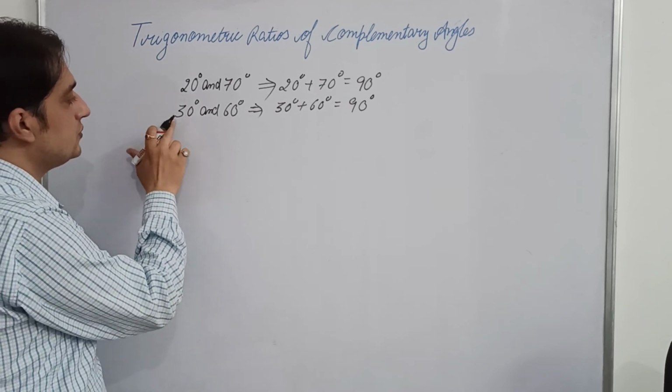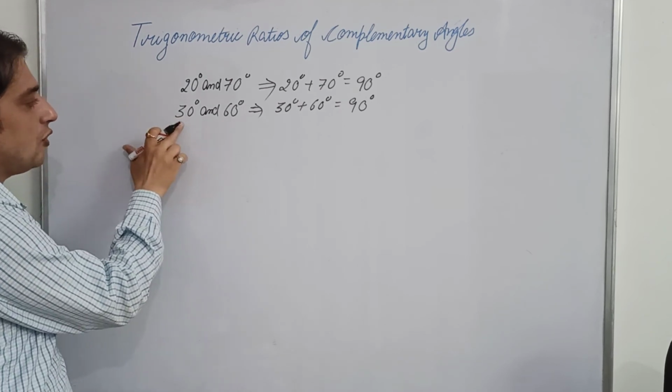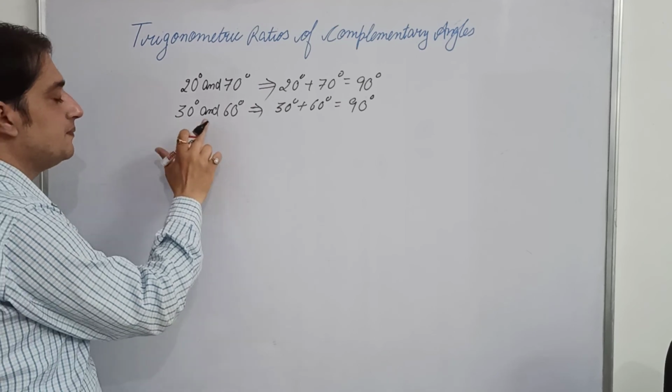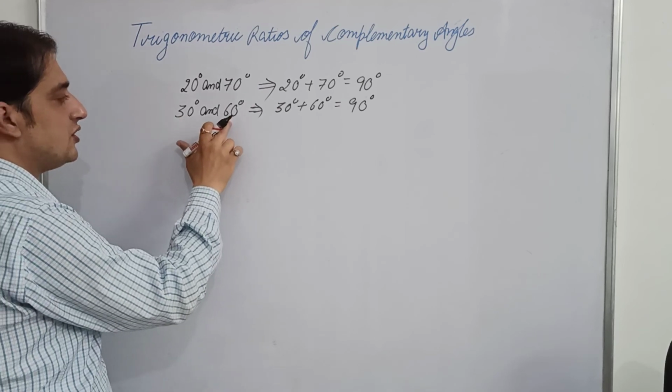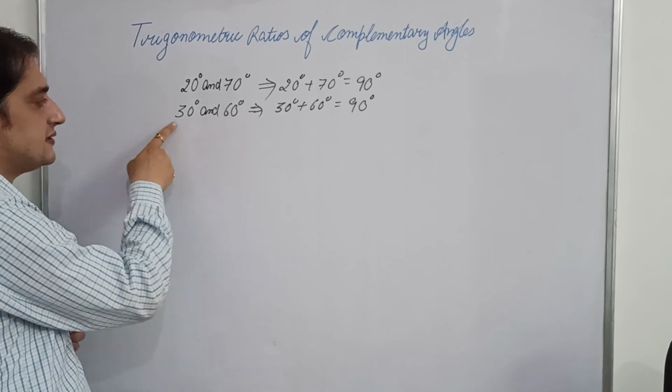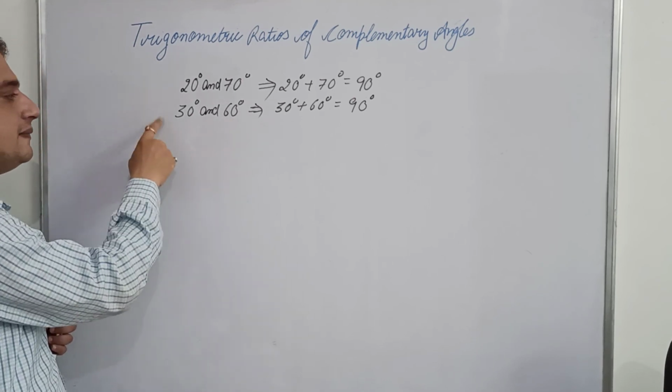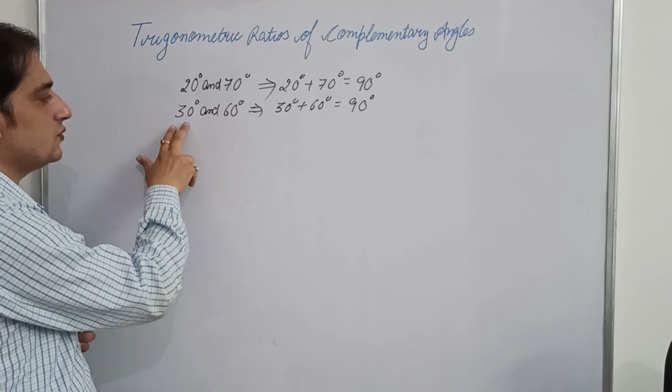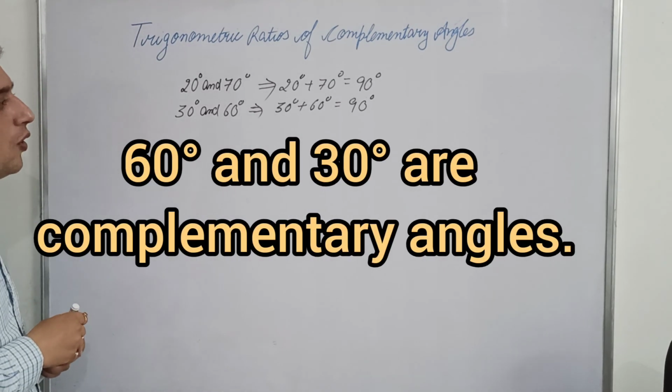You can find it by subtracting the angle from 90 degree. So 90 minus 60 is 30 and 90 minus 30 is 60. So these two angles are complementary angles.